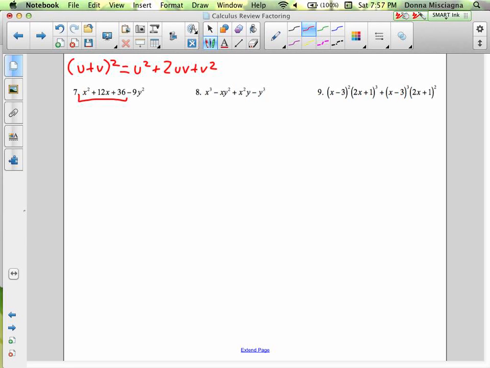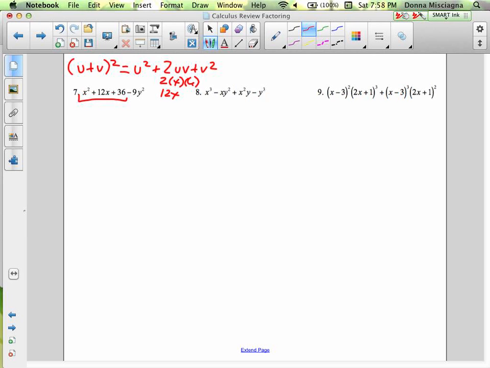So v is 6, because 6 squared is 36. And u is x, because x squared. U is x. So the middle term here would be 2 times x times 6, which would give you 12x.